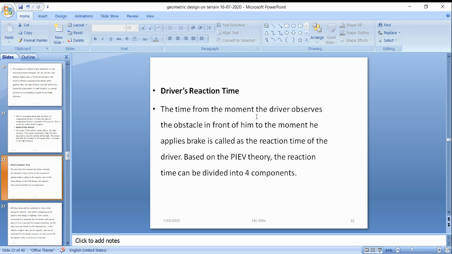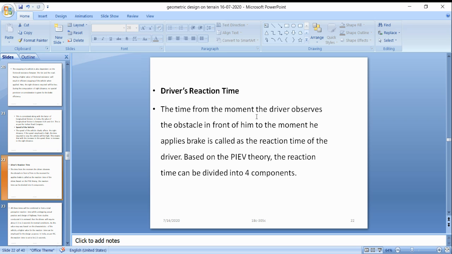The time from the moment the driver observes the obstacle in front of him to the moment he applies the brake is called the reaction time. When he sees any object or obstacle in front of him, he reacts to apply the brake. That is called the braking reaction time.